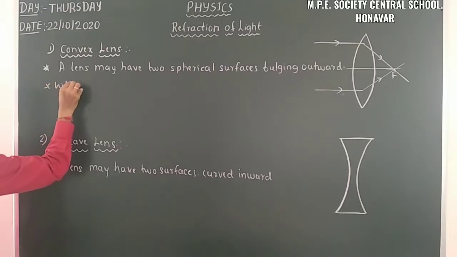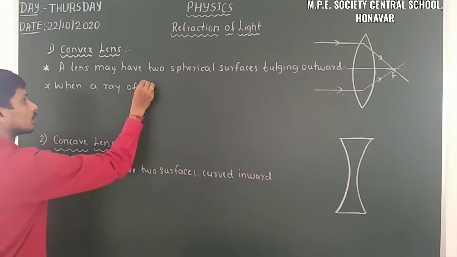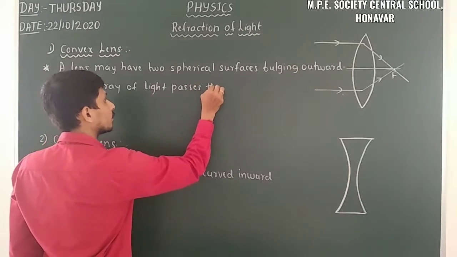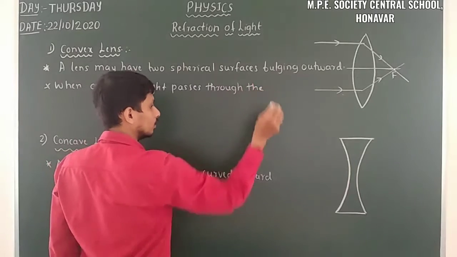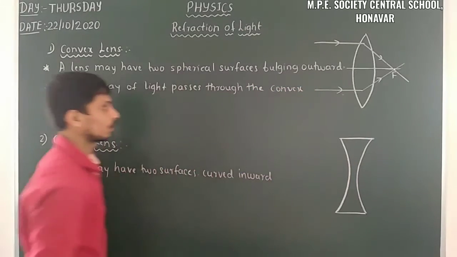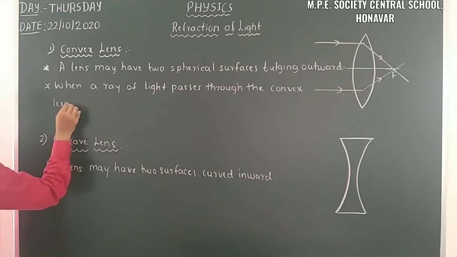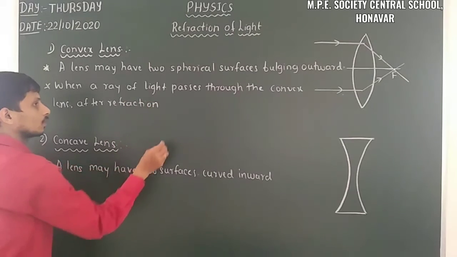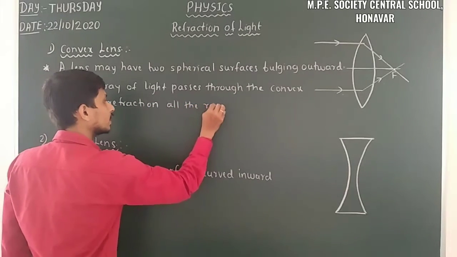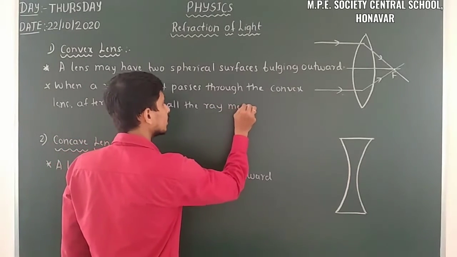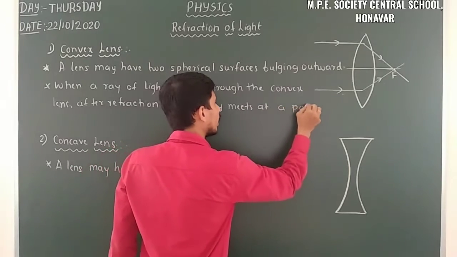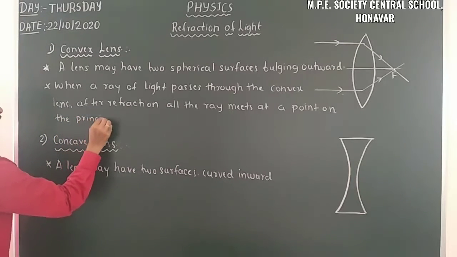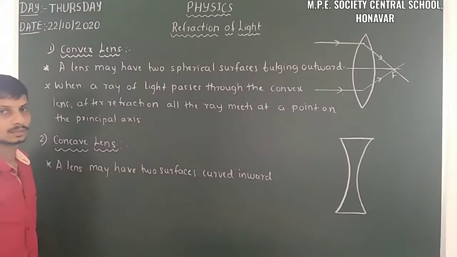When a ray of light passes through the convex lens, after refraction, all the rays meet at a point on the principal axis.